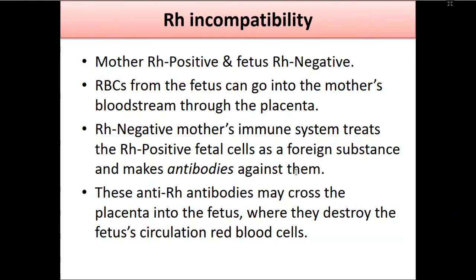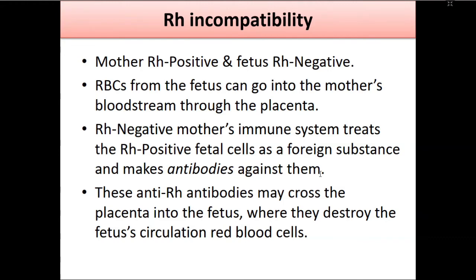As I have discussed in the overview, the mother has no D antigen, that is the Rh antigen, so she may develop anti-D antibodies that may form an antigen antibody complex with the Rh positive antigen and may lead to hemolytic anemia.